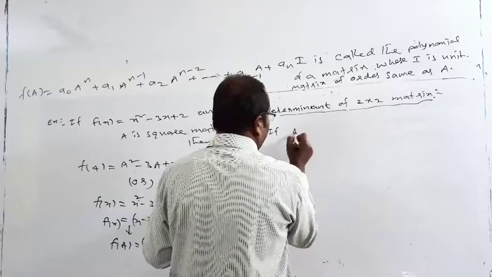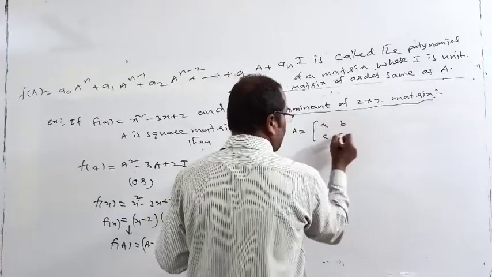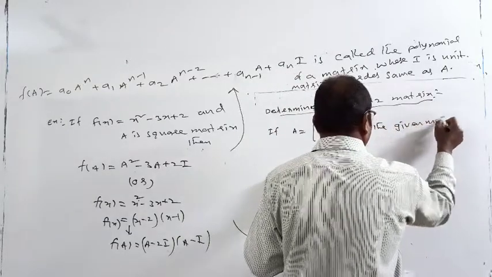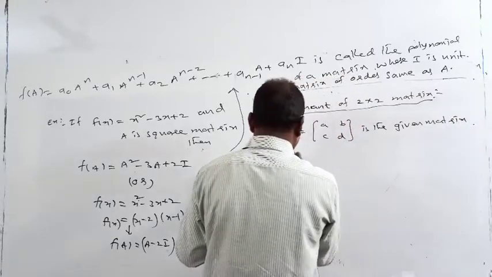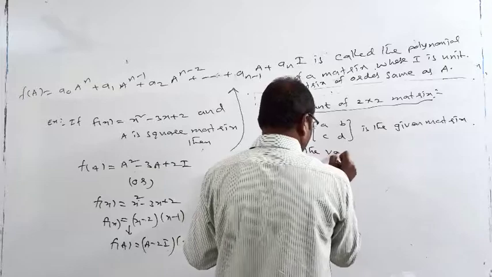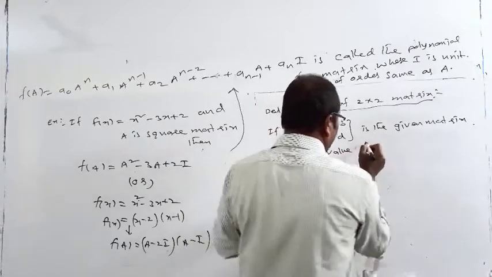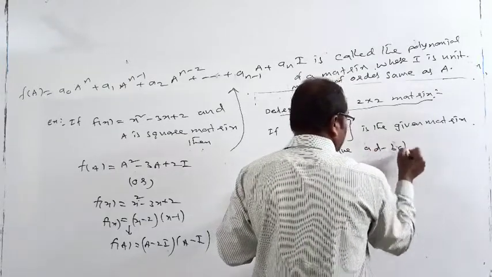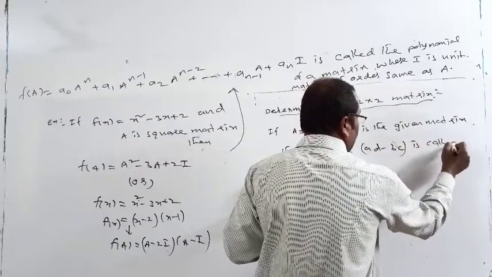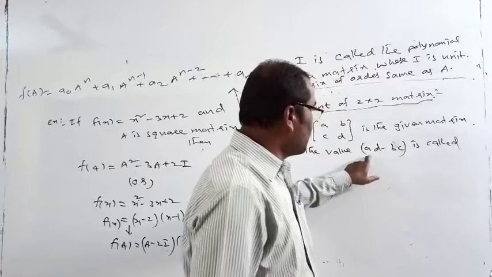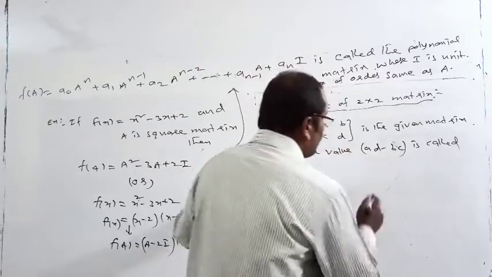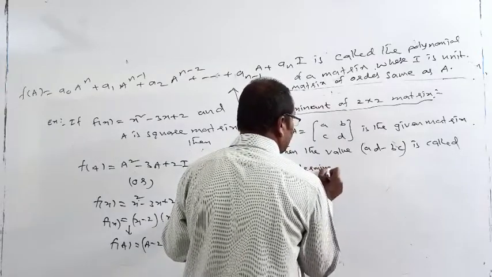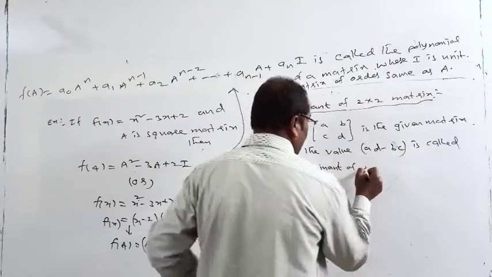So if capital A is equal to A, B, C, D is the given matrix, then the value AD minus BC is called the determinant of the matrix A. How we are creating it? There is some logic.